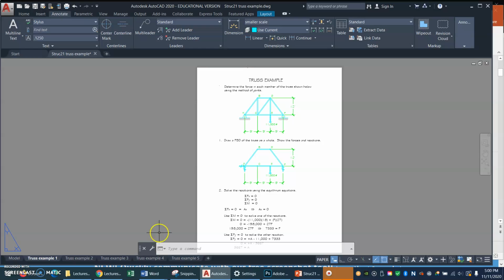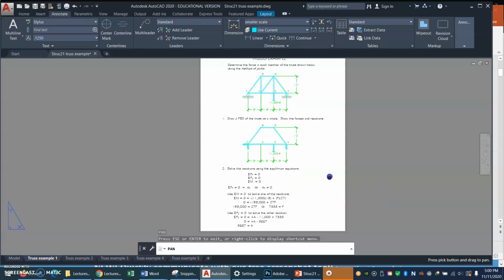I maybe did more steps than you want to do, I don't know. One thing I will point out is when I solved the reactions using our equilibrium equations, I went ahead and using the mText editor, I inserted the sigma symbol in here, sum of.